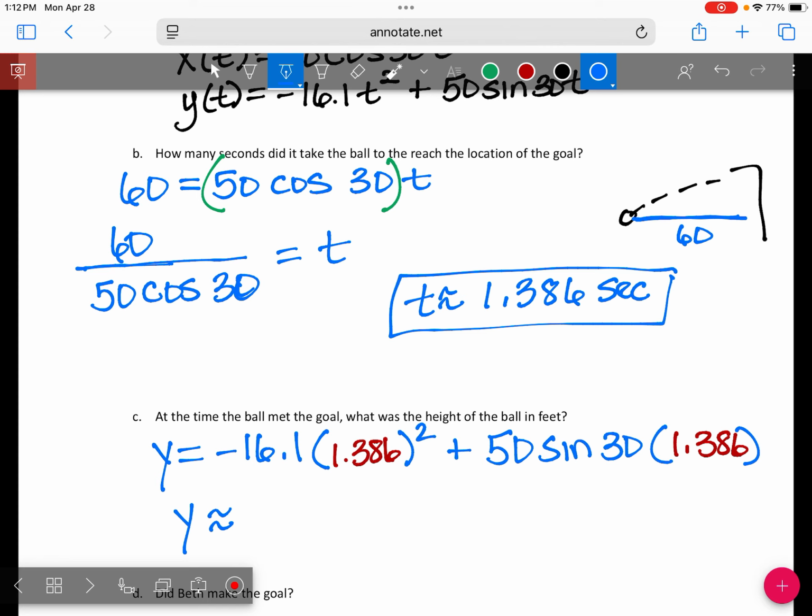I got 3.72. Give me three numbers. 3.722, who got that?